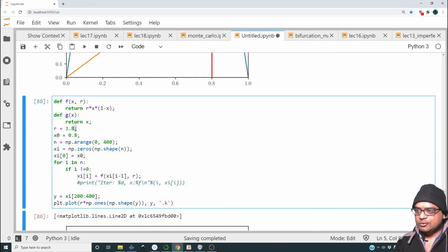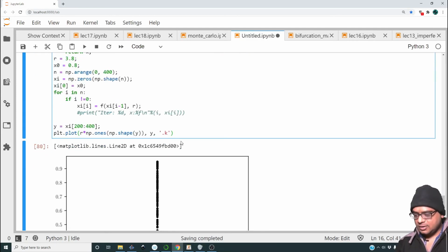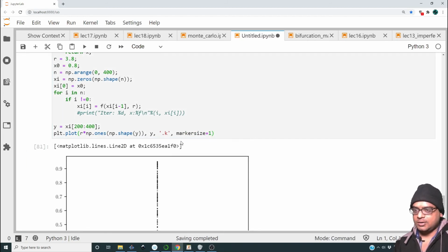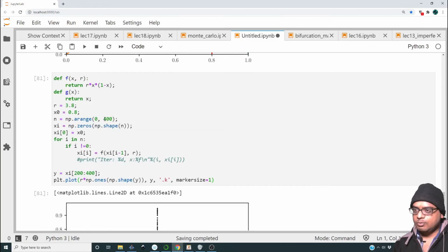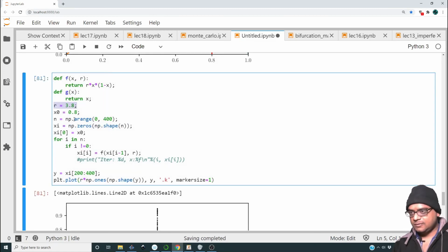Now what we need to do is to sweep over all the values of R, and let me change the marker size to 1. That looks much better, much more polished. Now let me remove this and perform a loop over all the values of R. The initialization is done for each set, and N doesn't change.